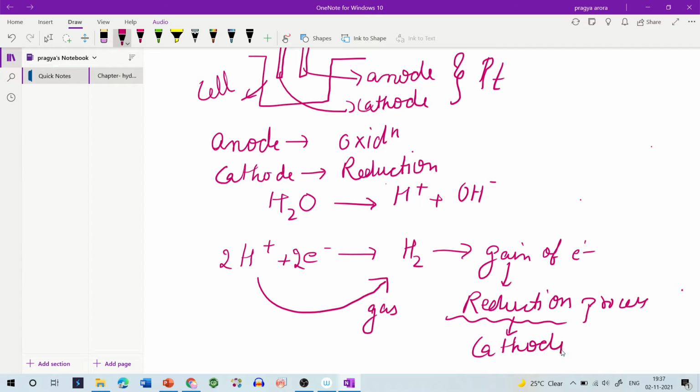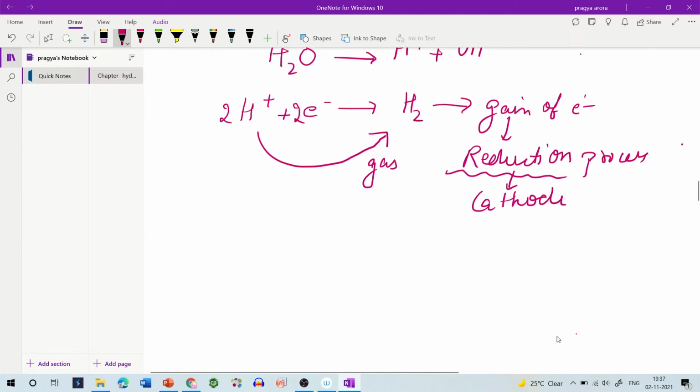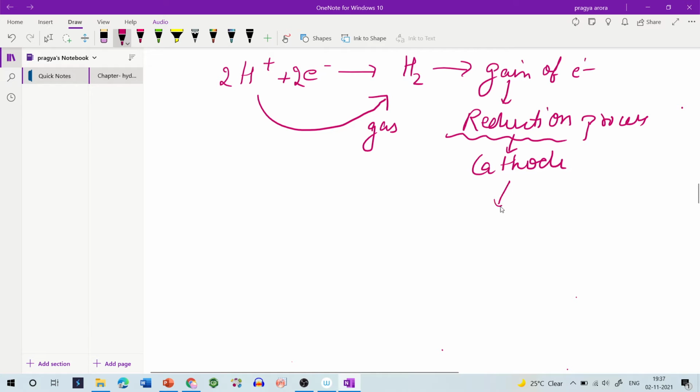So during electrolysis, on cathode H2 gas will be released.